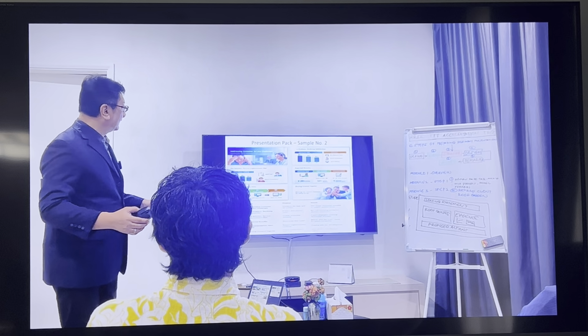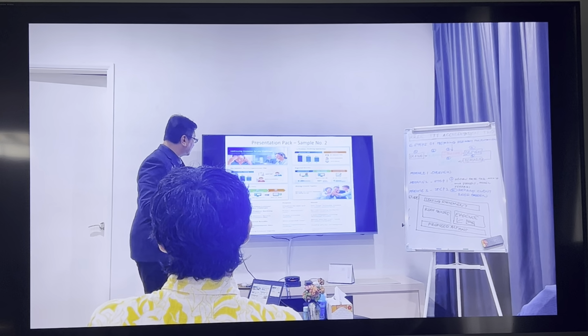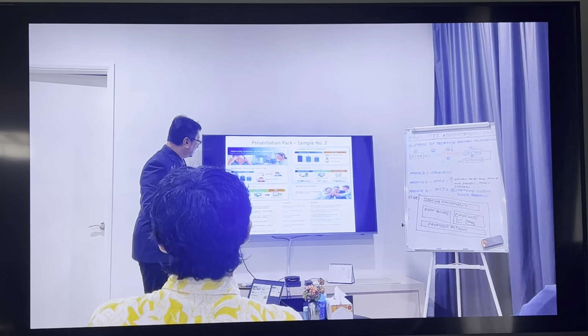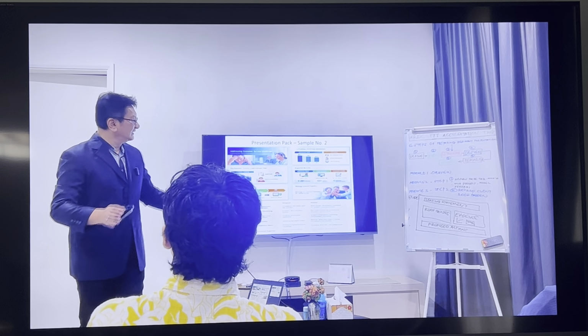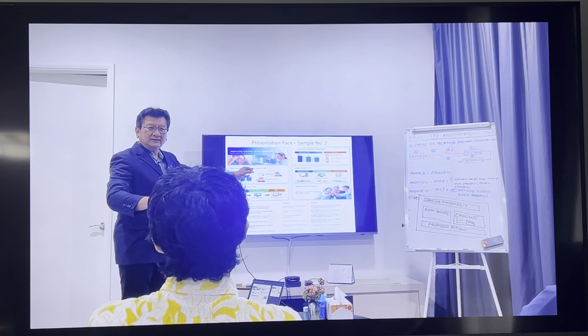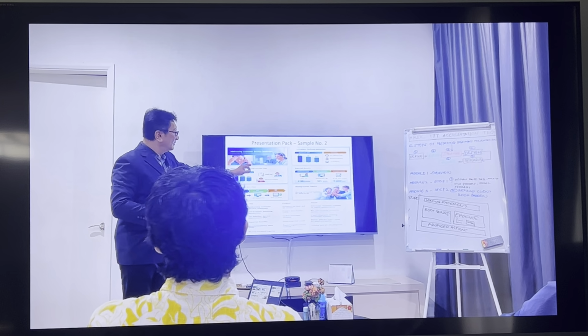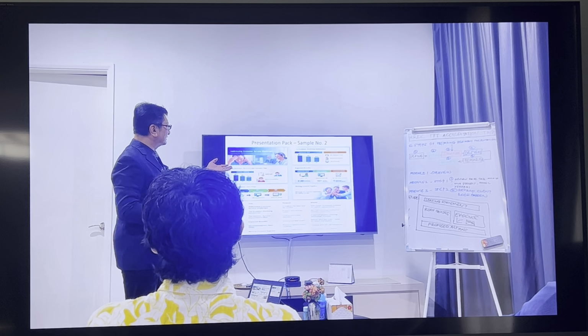Okay, and then from the solution slide, we also have the expected benefit slide. What can we achieve, or what can the company achieve after we have done all this improvement? In this case, the benefit is that we can boost customer satisfaction after we upskill the staff.